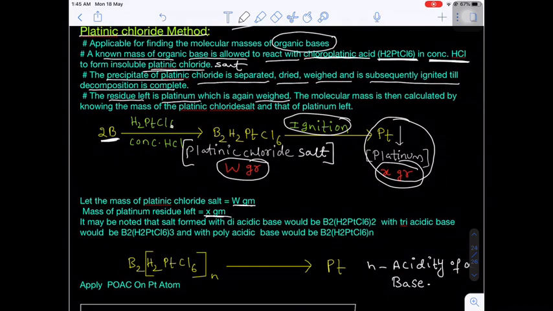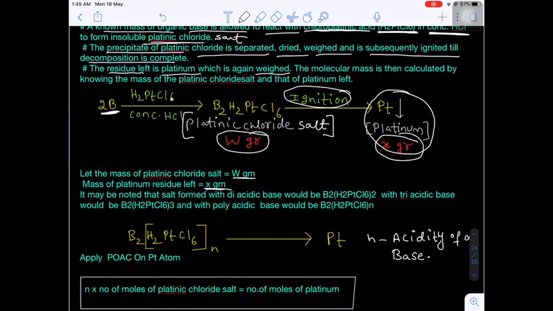Now suppose a diacidic base, it will form the salt B2H2PtCl6 taken twice. If it is triacidic, take n thrice here. If it is polyacidic, then we have B2H2PtCl6 taken n times.